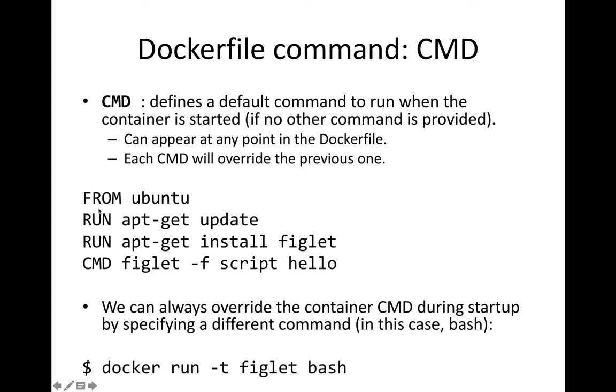Here's an example Dockerfile where we're specifying Ubuntu as the base image. We're installing the Figlet software, and we're telling Docker that we want it to run the figlet command and output the word hello.